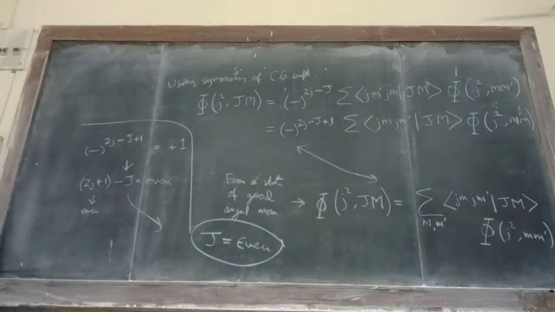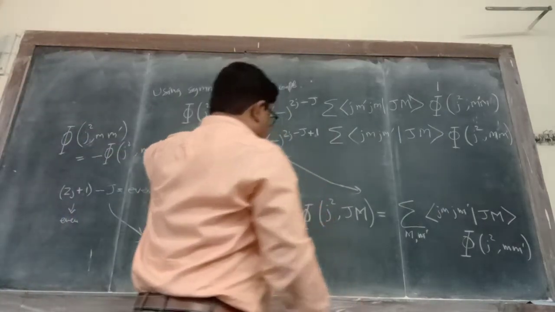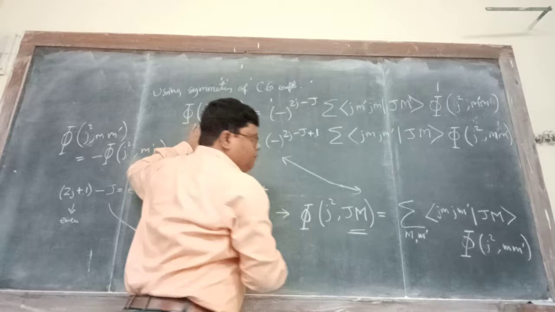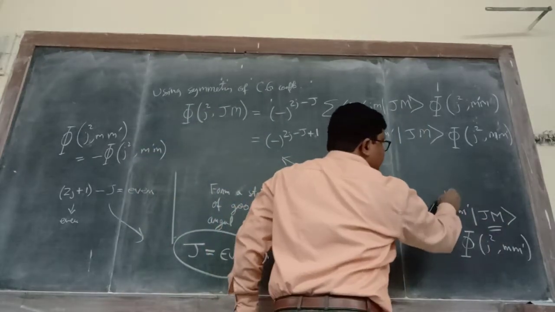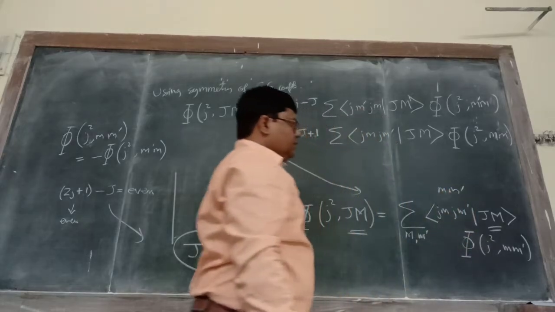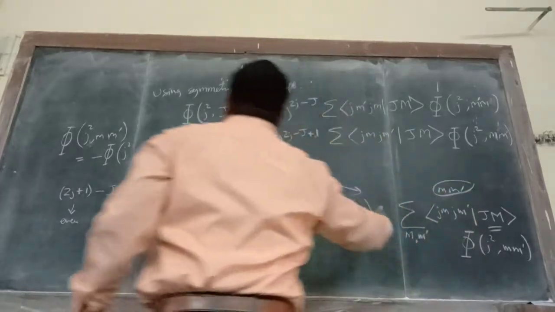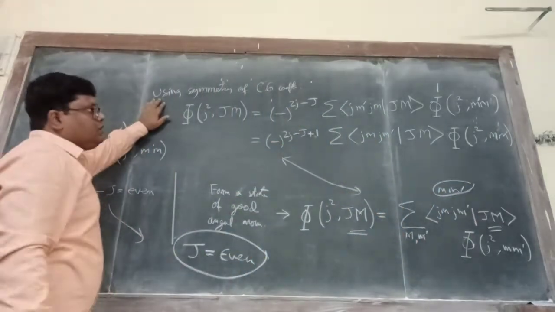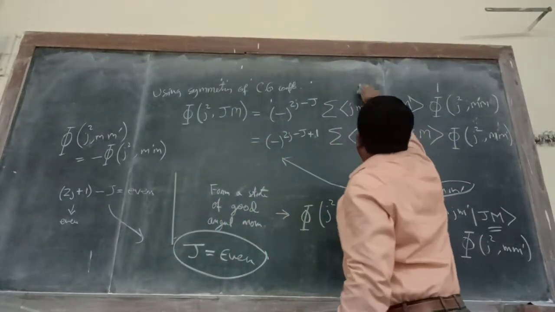Anyway, one important correction. So you see here, the ordering is m m prime. Remember. Now when I am using the symmetry property, here you see the ordering changes.